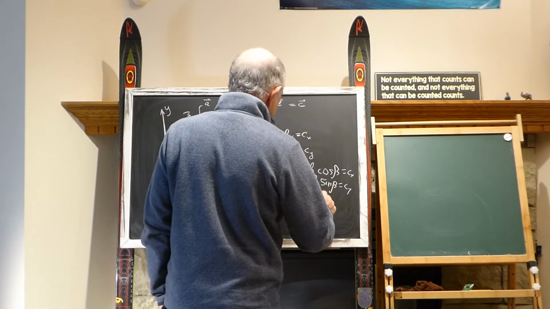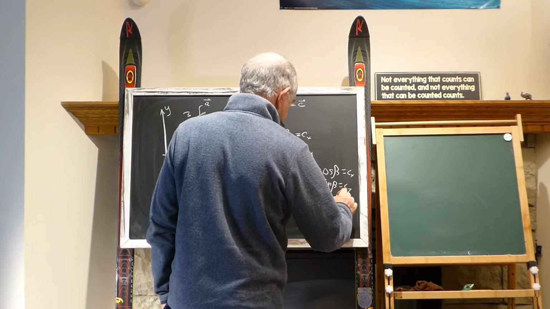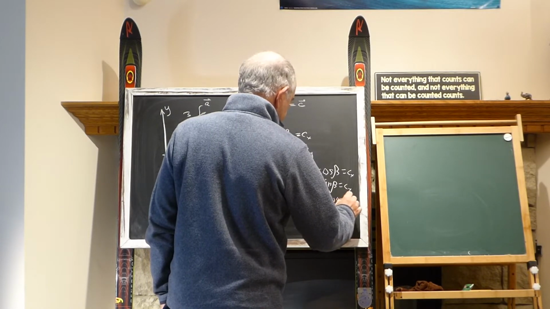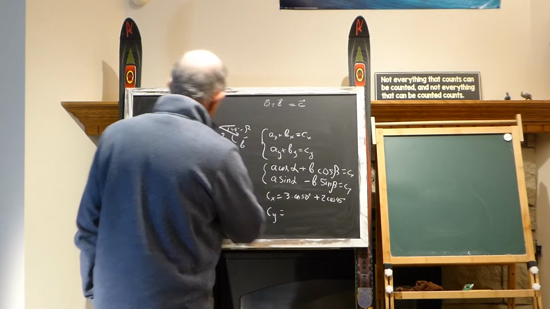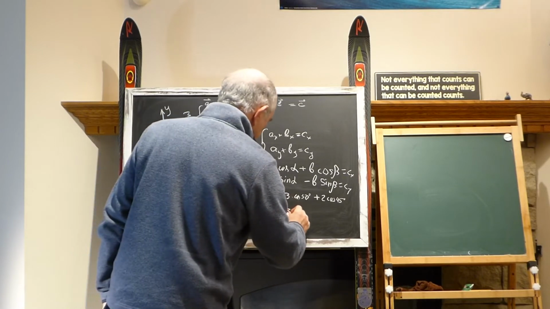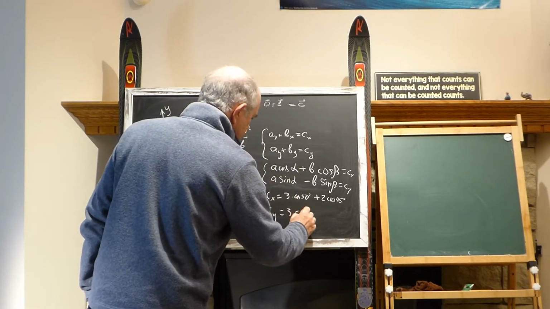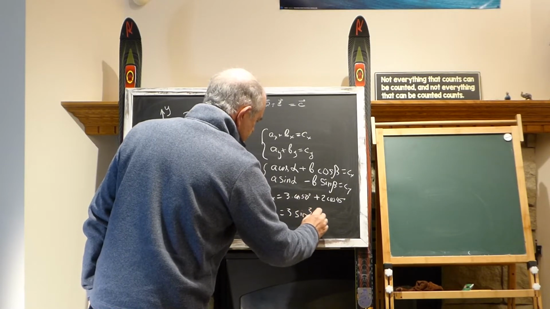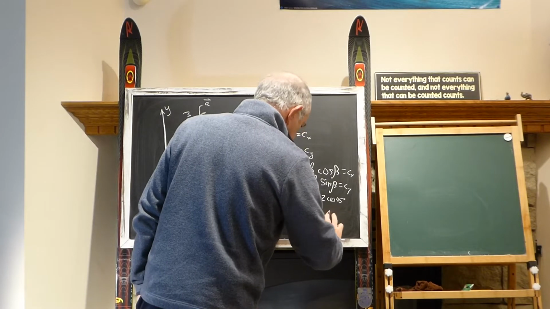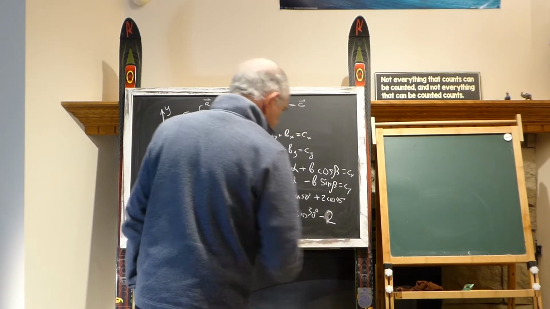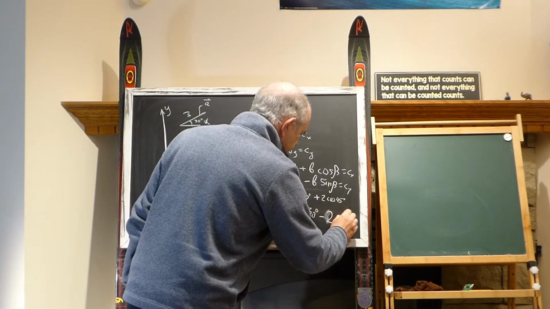Plus B is 2 cosine 45 degrees, and Cy equals A is 3, and I multiply by sine 30 degrees, and I put minus B, and B is 2, and this would be sine of 45.